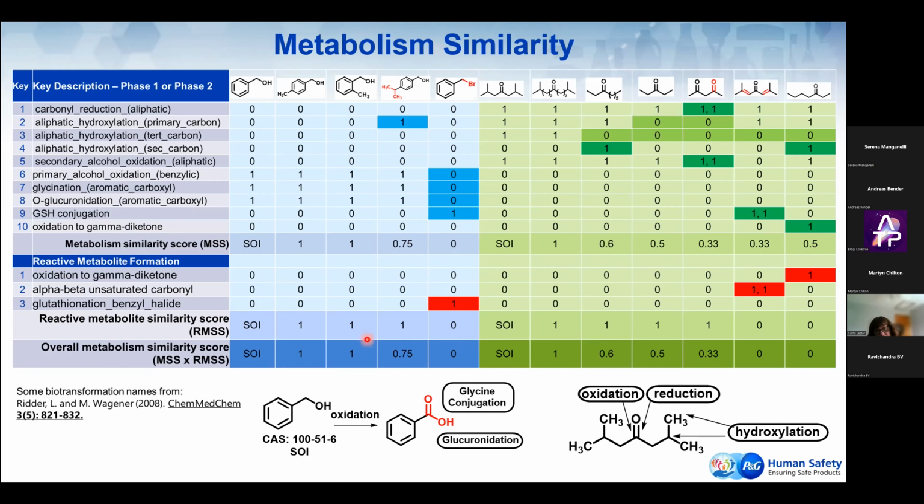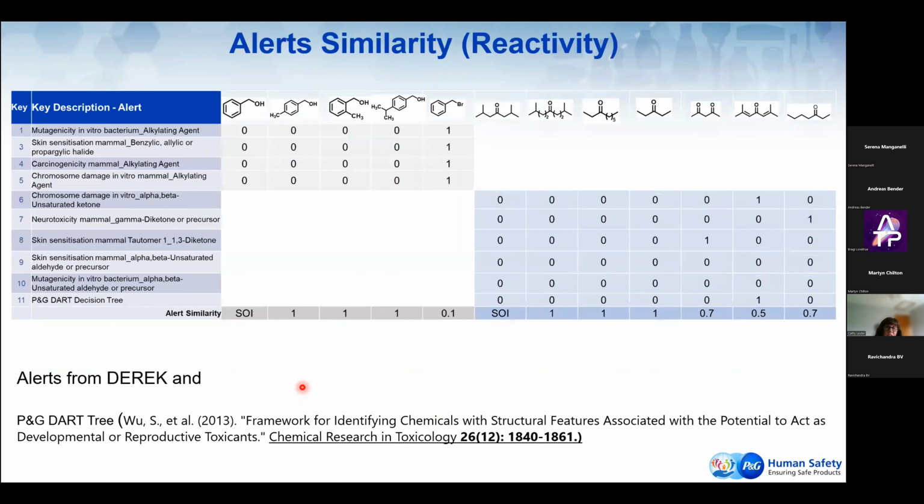And to properly weight the formation of reactive metabolites, we take the product of the metabolism similarity score with the reactive metabolism similarity score to come up with a total metabolism similarity score that is shown down here. And we see when the reactive metabolism diverges for the analog versus the SOI, we get a 0 for the metabolic similarity. We do the same thing for reactivity.